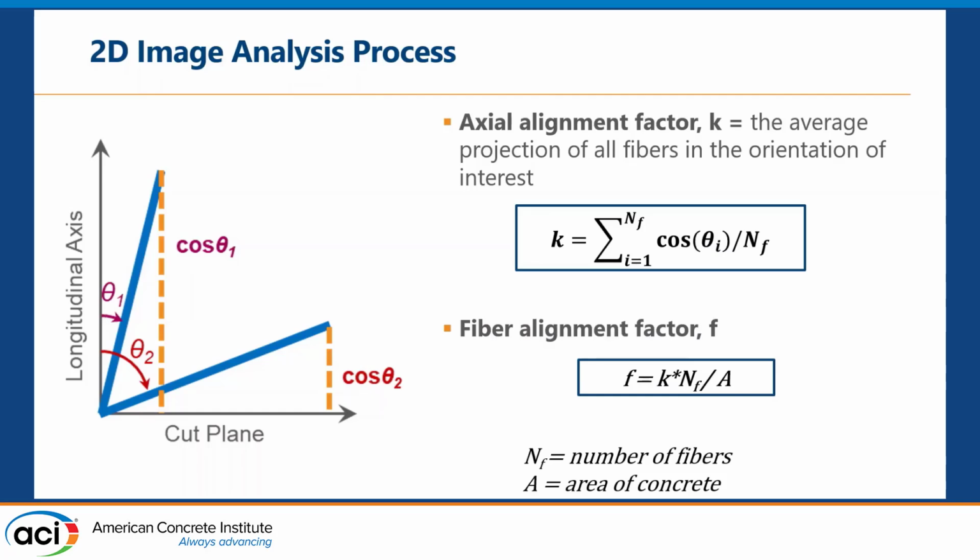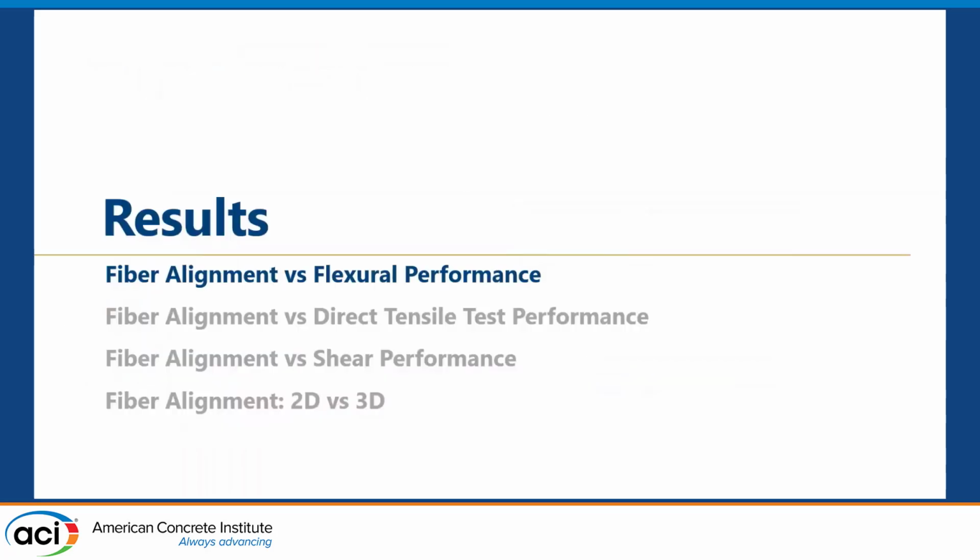And then we also calculate what we call the fiber alignment factor, which is K times fiber density, which is basically the total contribution of all the fibers on the cut plane relative to the reference orientation. So that is our method.